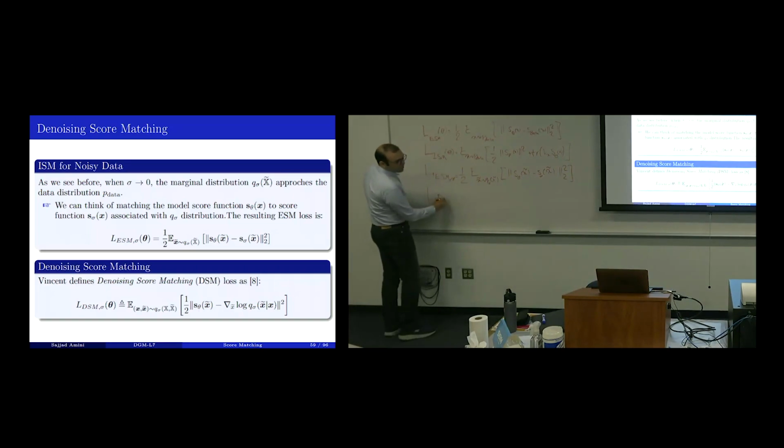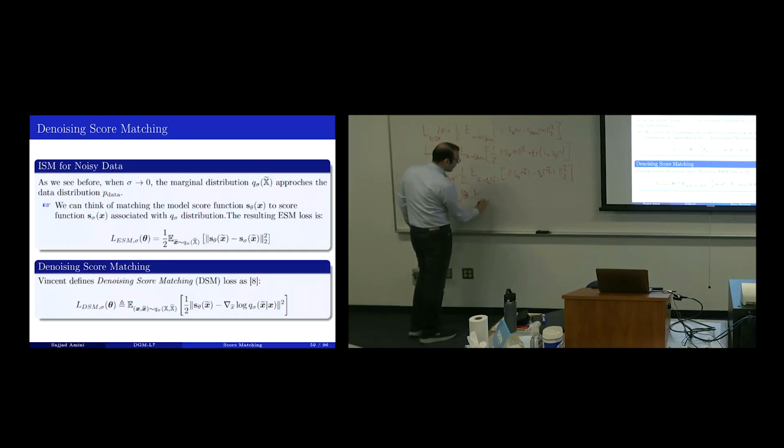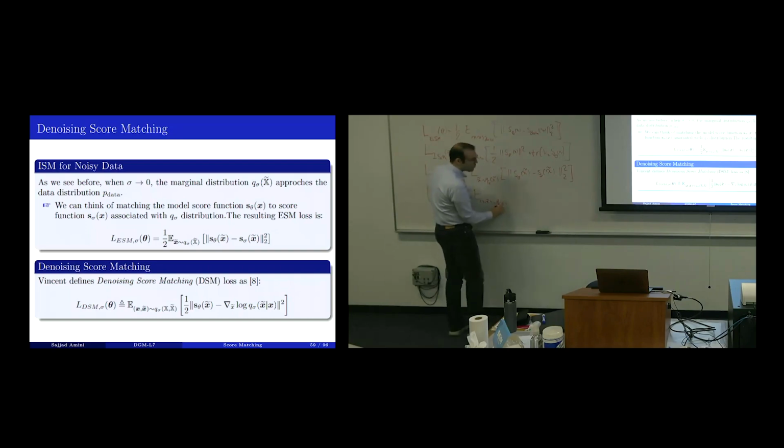The denoising score matching has a subscript sigma because it is based on the noisy data, of theta, equals the expectation over the joint. You do not have any idea how they are related, okay? Just pay attention that it is a new loss, and check whether you can calculate it or not.